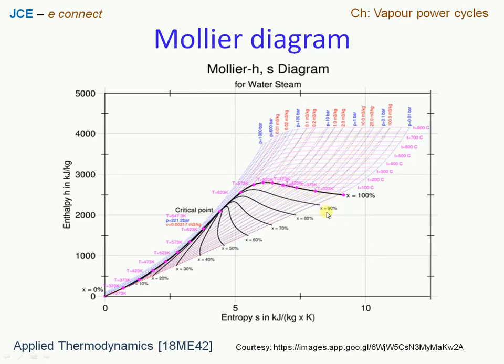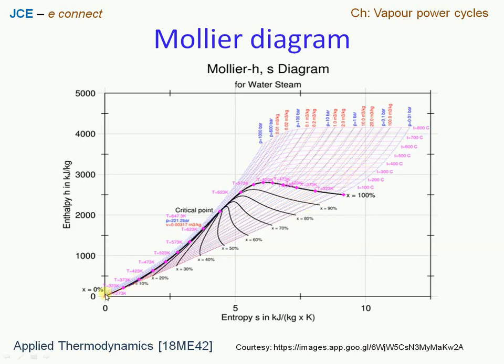Now let's see what different curves we can observe on this HS plot. We see that all the curves originate almost near the origin. There are some blue dotted curves, some red dotted curves, and also some pink dotted curves.